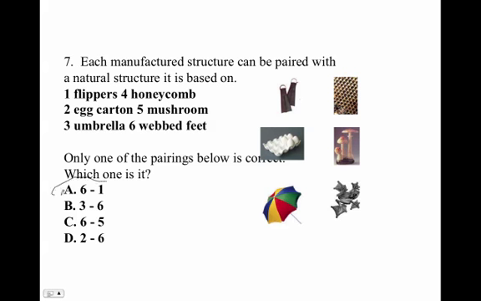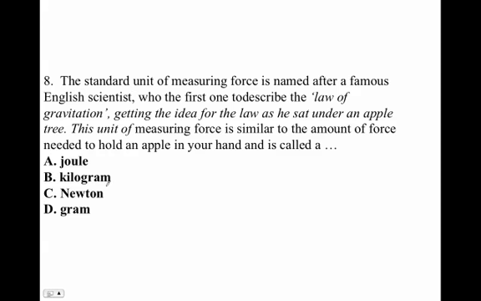Yeah. Let's double check. 3 is umbrella. Does it match with 6? No, 6 is webbed feet. 6 webbed feet and 5 mushroom. No. 2, which is the honeycomb or the egg carton, and 6 the webbed feet. No, so the pairing is this.